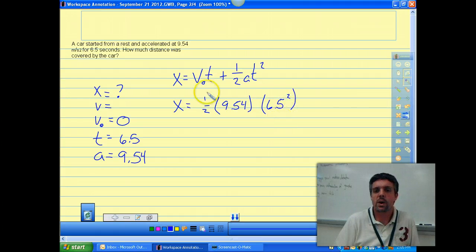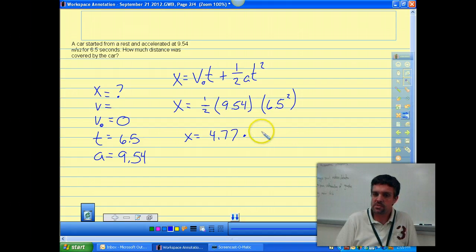Okay. So I only put in the stuff that really matters at this point. This doesn't matter because it's going to be 0. All right. Half of 9.54 is 4.77. And I'm going to multiply that by 6.5 squared, and that's 42.25.